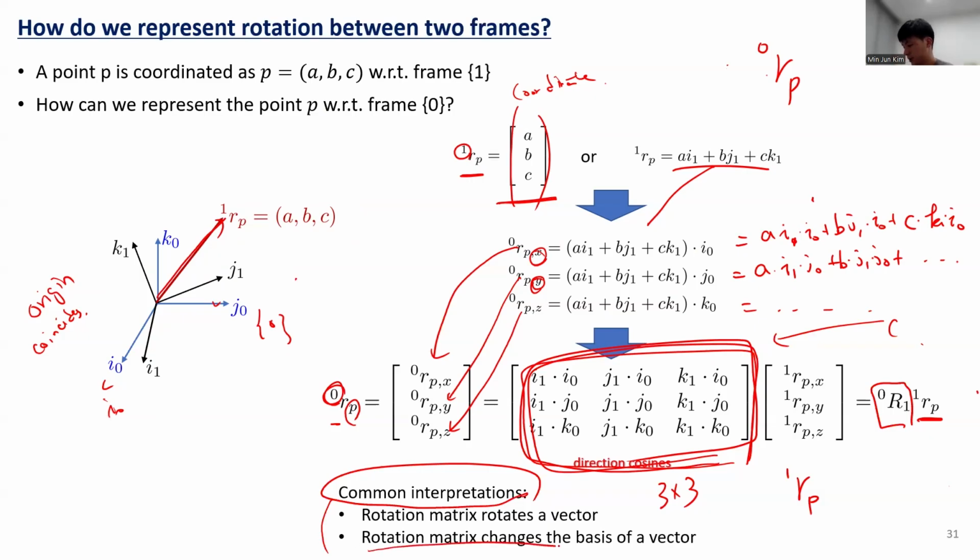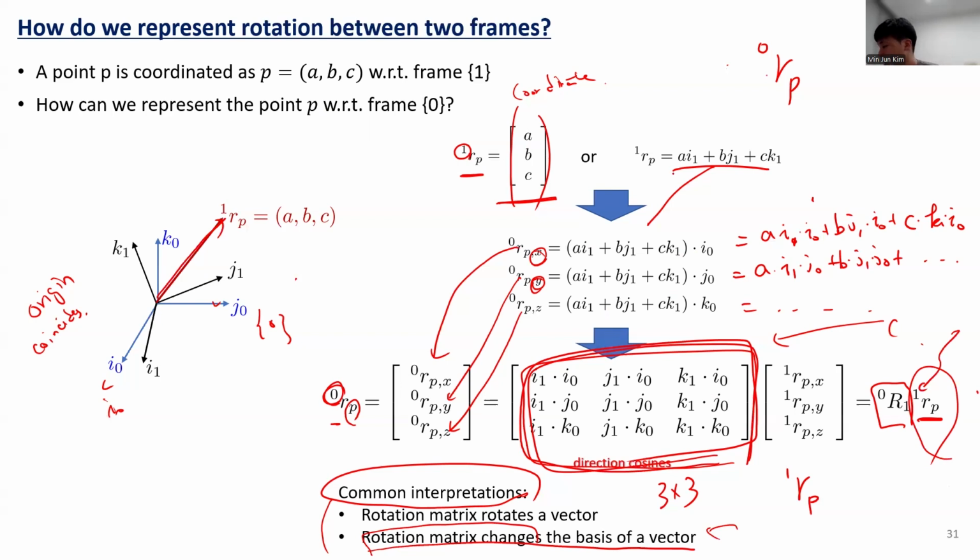And the second interpretation is more mathematical, and this is how I like to introduce the rotation matrix. The rotation matrix actually changes the basis of a vector. Okay, so here's the vector pointing P with respect to frame 1.